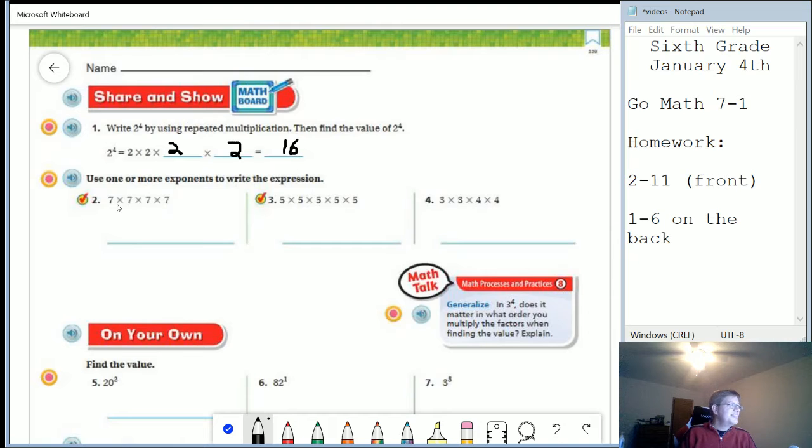All right, so now we have some slightly more difficult ones. So 7 to the fourth power. We may eventually have to give the value for that, but at least for right now, we're not doing that. We have 5 to the 1, 2, 3, 4, fifth power.